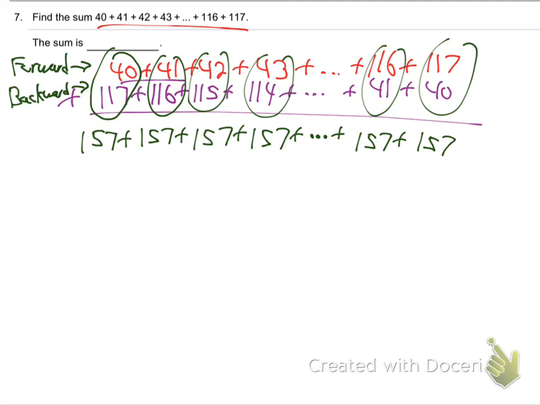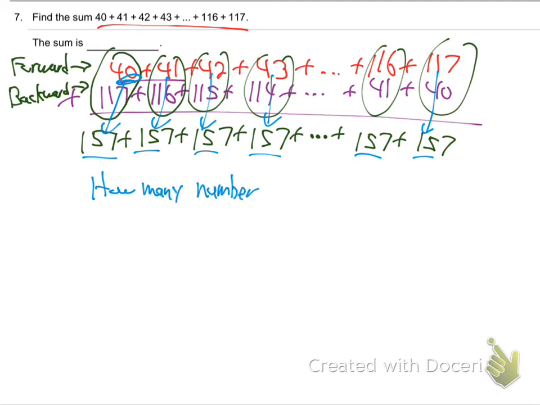But first, how many 157s are there? How many of these 157s are there? Well, there's one that starts at the 40, 41, 42, 43, all the way to 117. How many numbers from 40 to 117? Because that's what we're asking, right? How many are there from 40 to 117?